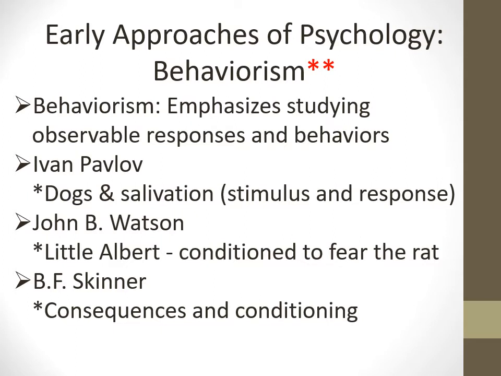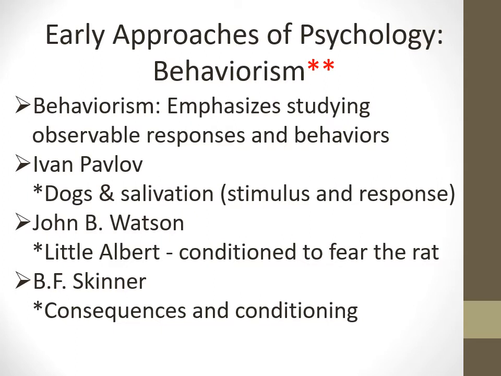John B. Watson was also a famous behaviorist, and he did an experiment, much like Pavlov, about stimulus and response, only he used a baby. So his experiment was on little Albert, and he had a white rat. And then my good friend B.F. Skinner also expanded on that work.